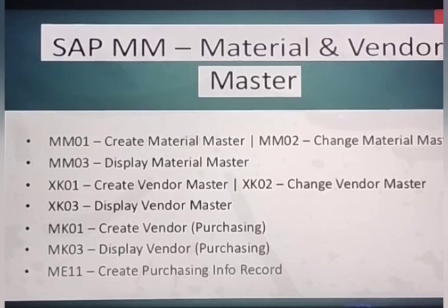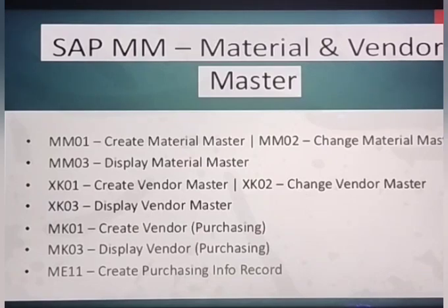Again, this is only in the SAP ECC 6.0 version, where you can use SK01, SK02 and SK03. Well, coming to S4 HANA, you can use the T code BP.